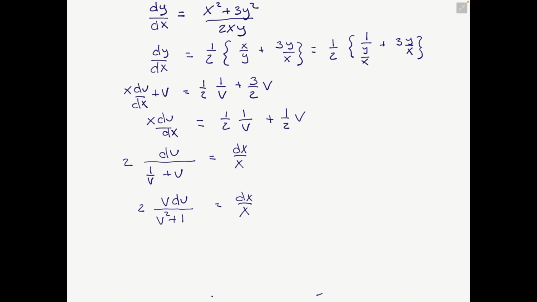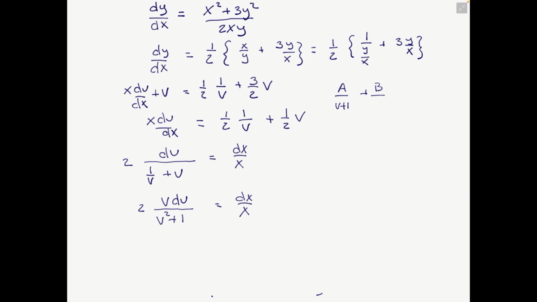Let's do partial fractions. We got a on v plus 1 plus b on, did I do it that way? Did I do partial fractions?